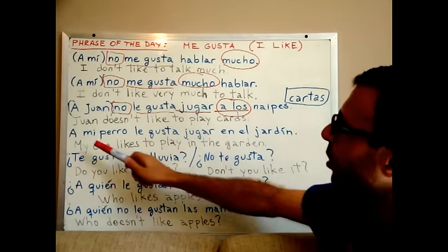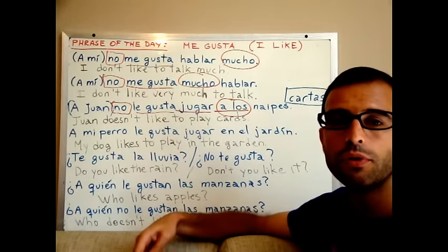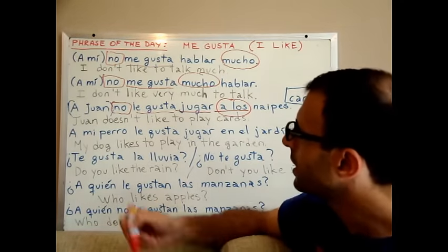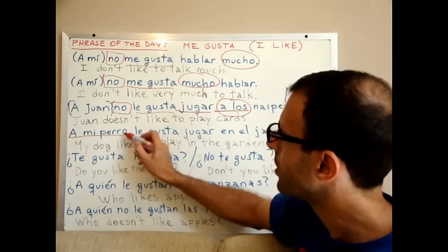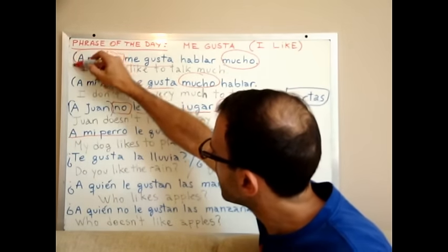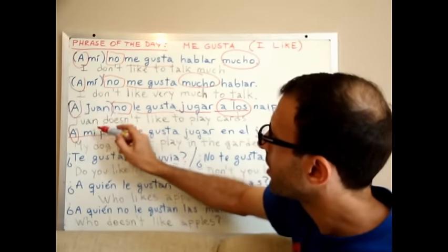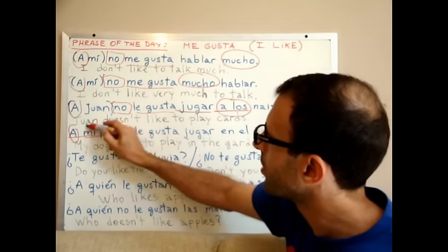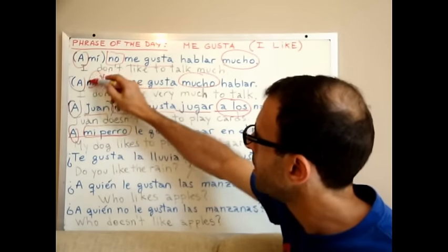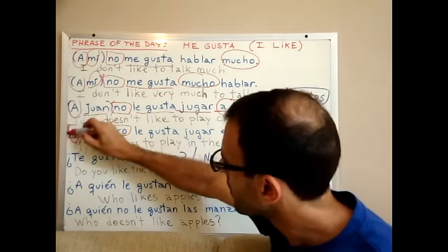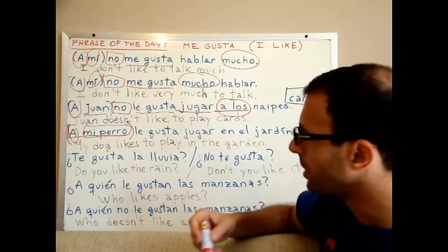Okay? It's always the same structure for the I like structure. A mi perro. You see it's a everywhere, and then you have the subject, Juan or me. But this is always the part that we can omit.